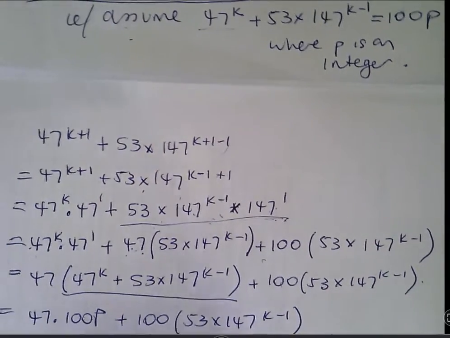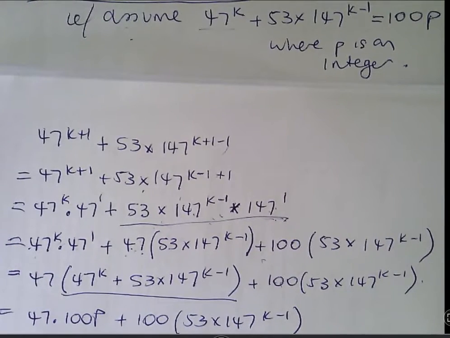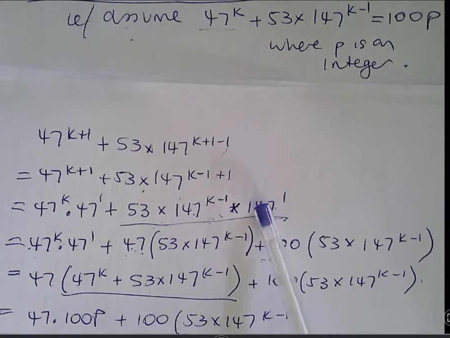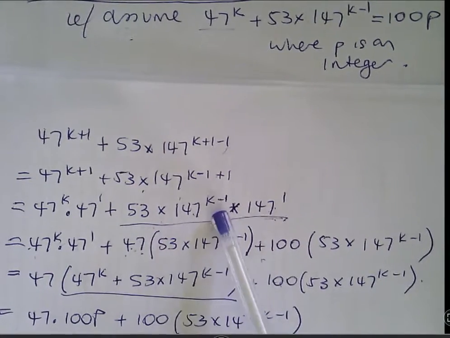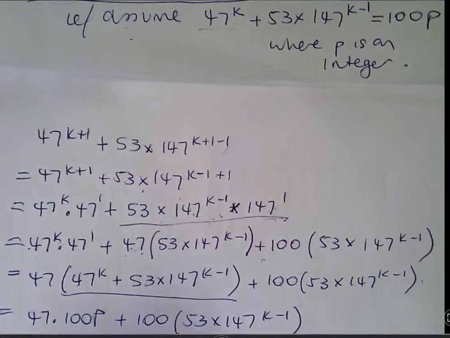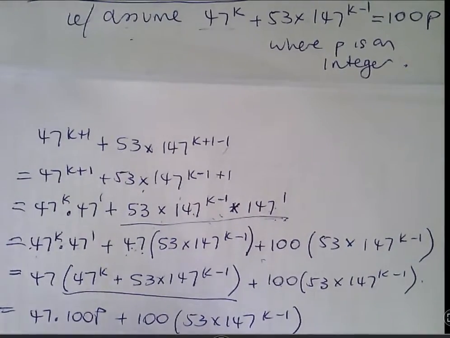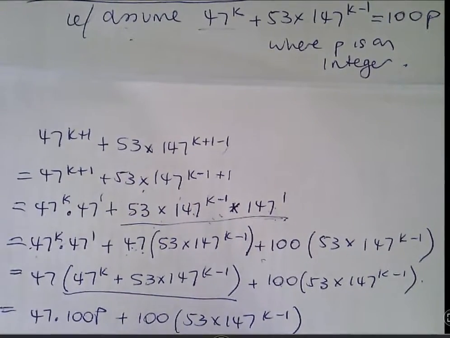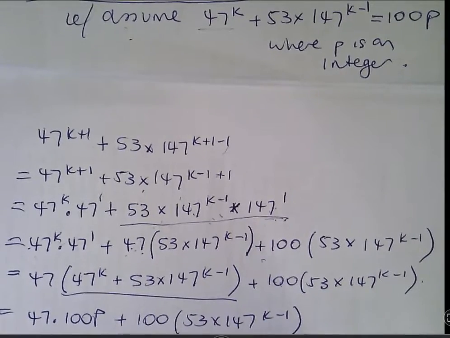Now you take out 100. So look, girls, it's basically the same as what we've done, but we do 100 minus because it's easier, right? But they've broken up this 147 into 147 lots of that thing in front of it. All right? So therefore it's 100 bracket 47p plus 53 times 147 to the k minus 1, which is what we had before.